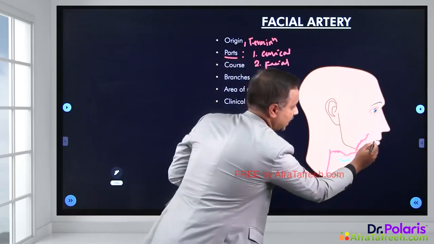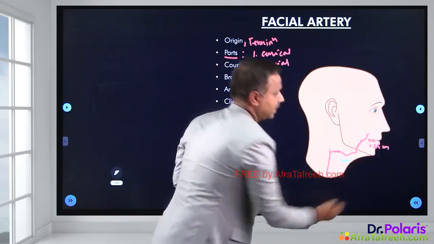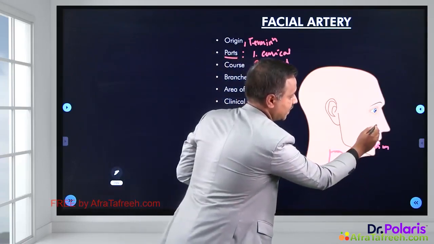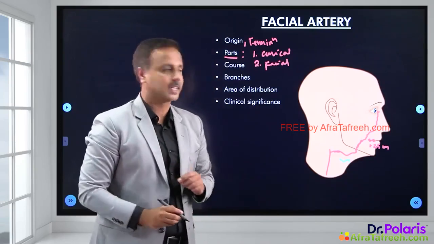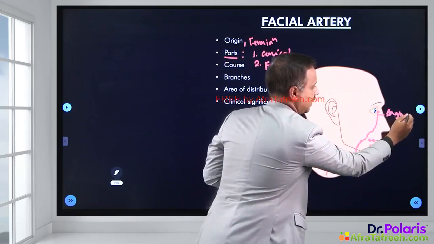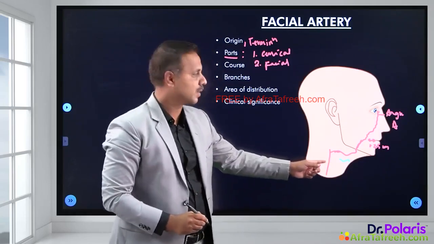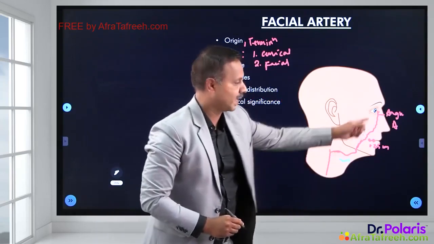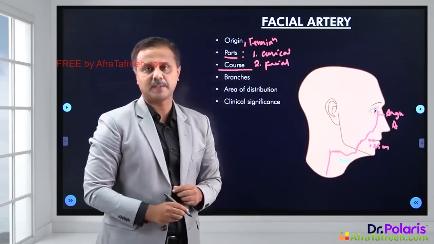It lies about 1.25 centimeter from the angle of the mouth, then ascends over the side of the nose and ultimately ends in the medial angle of the eye as the angular artery. Fine. So origin from the external carotid, termination as angular artery. Throughout its course, it is divided into two parts. So this is regarding the course of the facial artery.